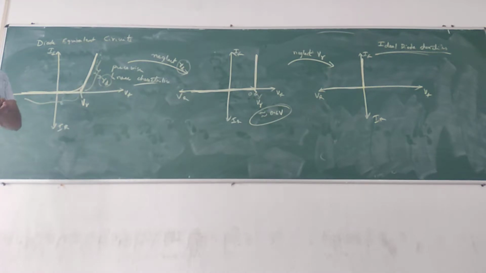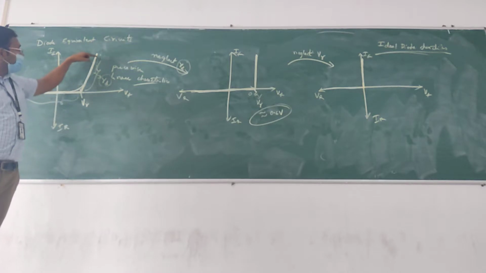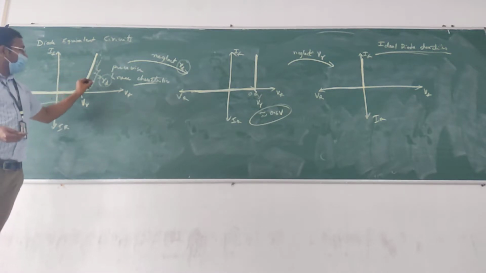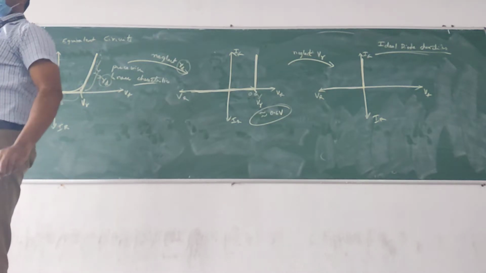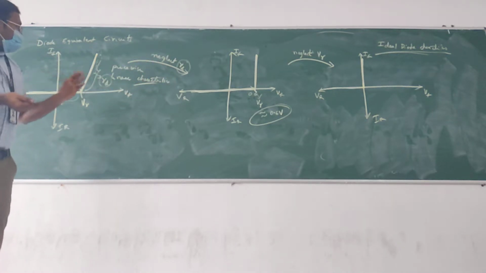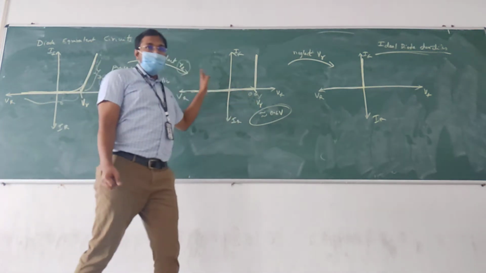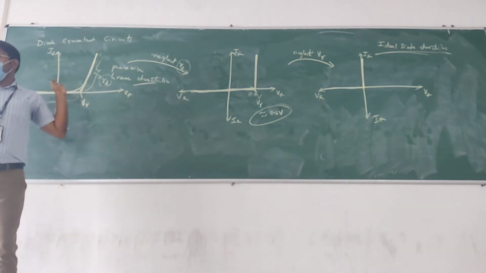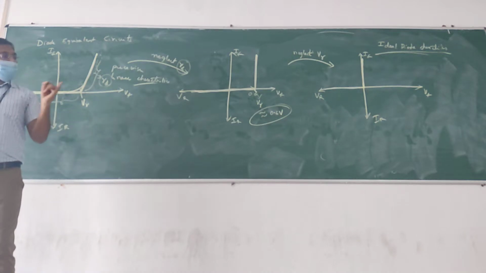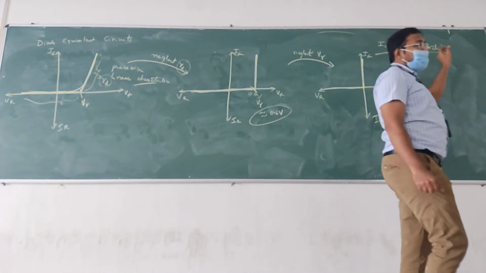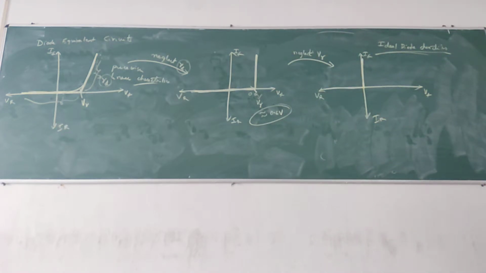The slope we have seen in the previous class is due to the AC or dynamic resistance. That one and the cut-in voltage we neglect, and we get the ideal diode characteristics.